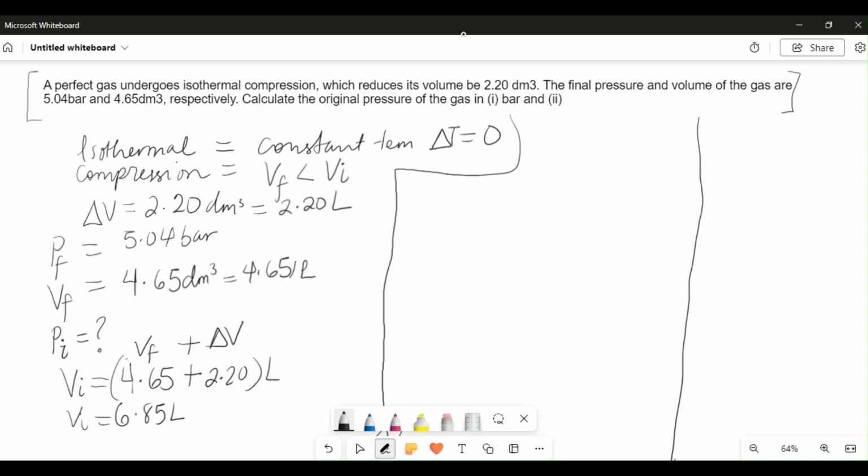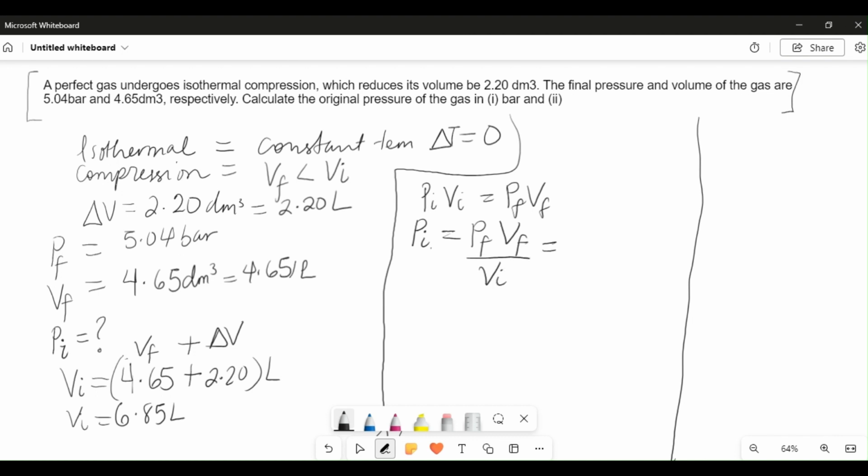Now, because we are told that we're dealing with constant temperature, we know that we're going to deal with Boyle's law. We also know the number of moles is going to remain constant. They didn't say that here, but they did not tell us about a change in the number of moles, so we're going to assume that's constant as well. So we're going to use the Boyle's law formula, which is P initial times V initial equals P final times V final. We have P initial is what we're trying to solve for, so we rewrite the formula to be P final times V final divided by V initial.